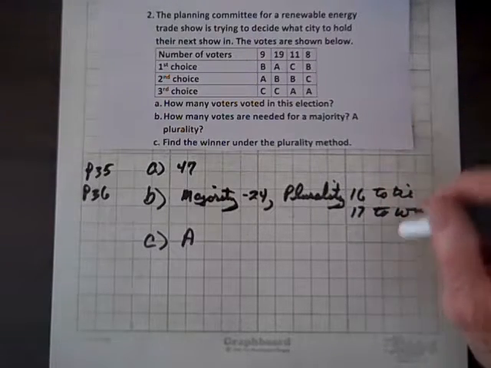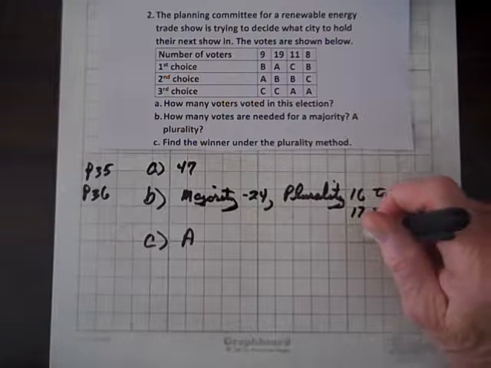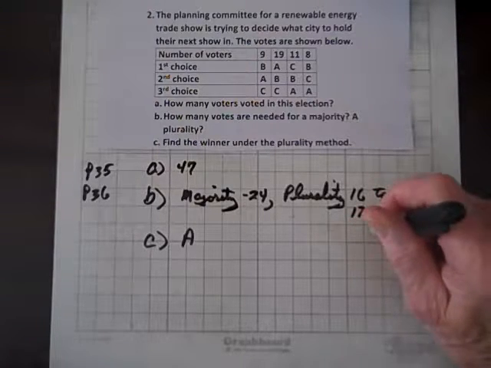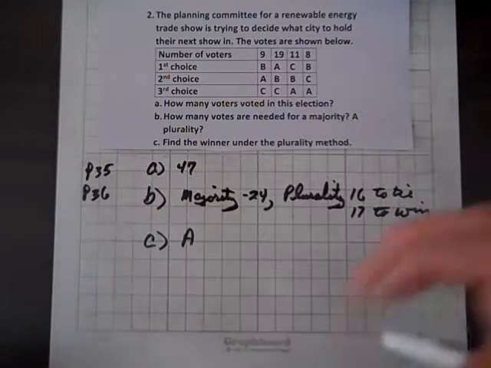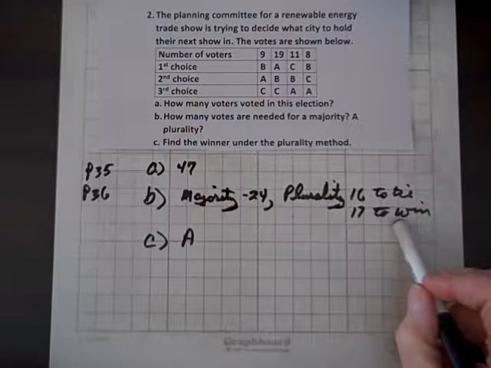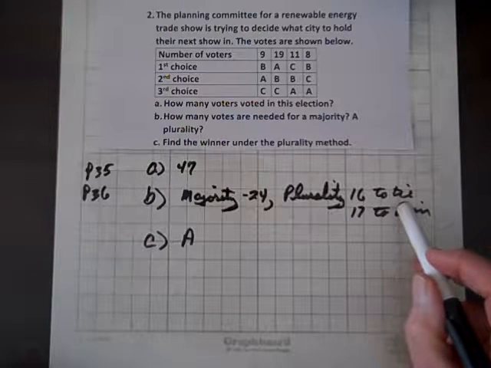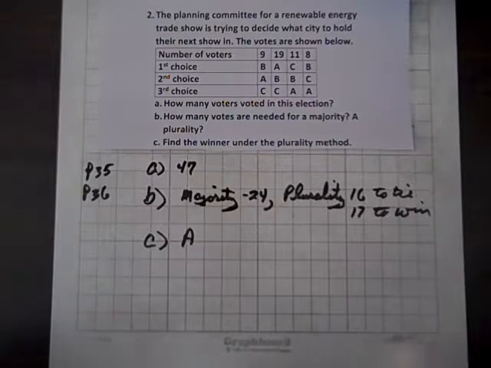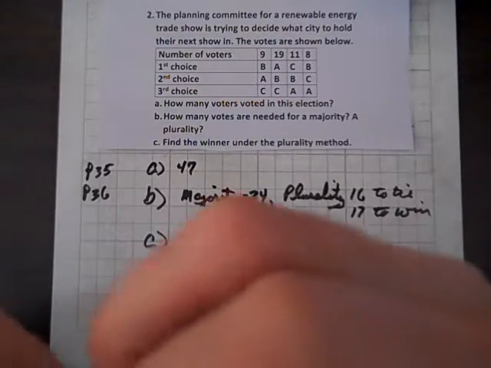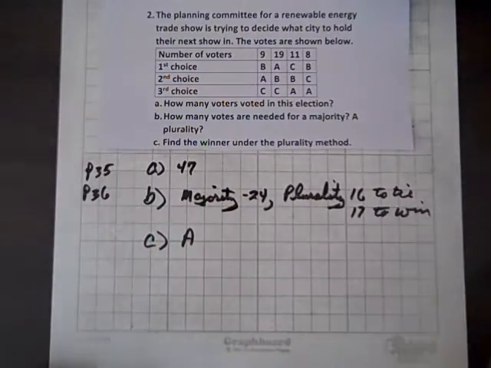But if one item had 17 votes, another 16 votes, and the third one 14, well, 17 would be needed to win, 16 needed to tie. And by the way, you can find that definition of the plurality method on page 36, and for a preference table, that can be found on page 35.